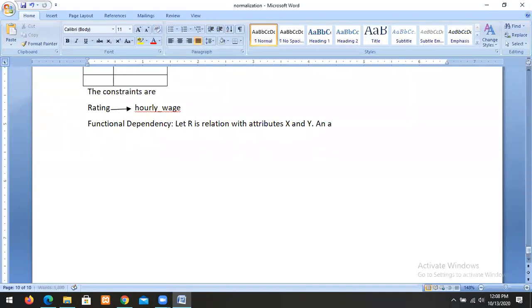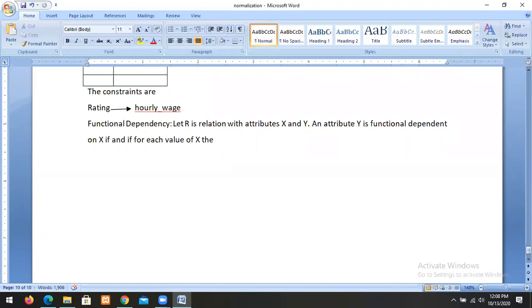An attribute y is functionally dependent on x if and only if for each value of x there is a value of y. That we call a functional dependency.